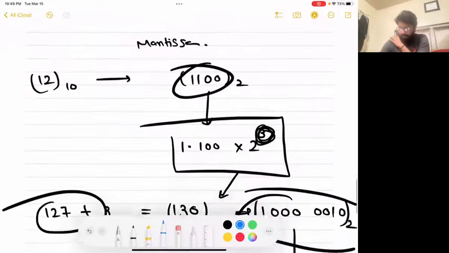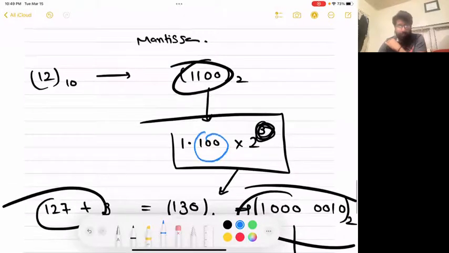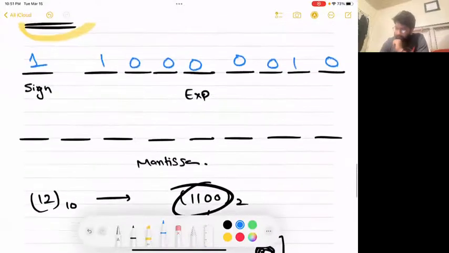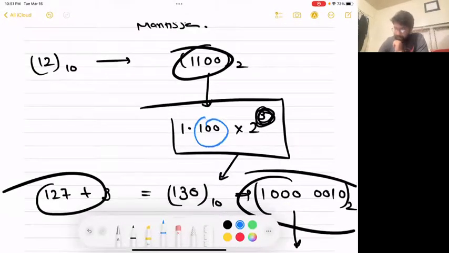And for mantissa, we're just gonna use whatever the number after decimal is. That will give us the mantissa. As I was saying, we find the exponent to find the mantissa. Mantissa is pretty straightforward.